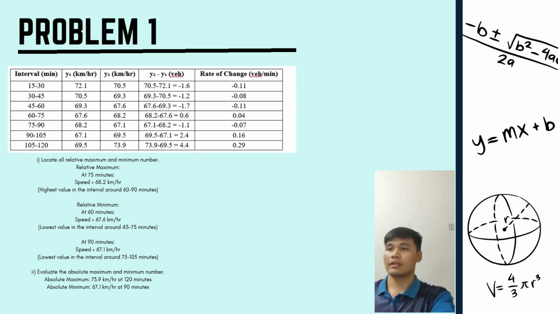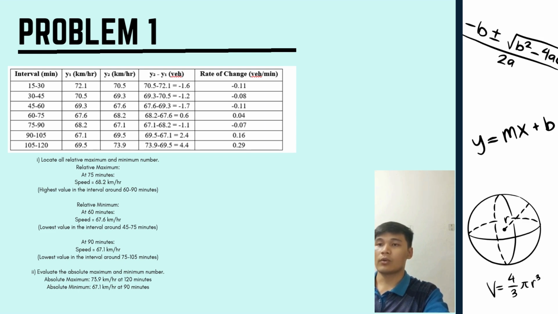From interval 15 to 30, we got negative 0.11. 30 to 45, we got negative 0.08. From 45 to 60, we got negative 0.11. From 60 to 75, we got 0.04. And from 75 to 90, we got negative 0.07.